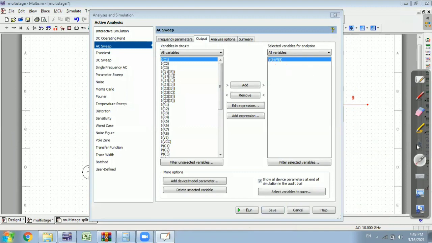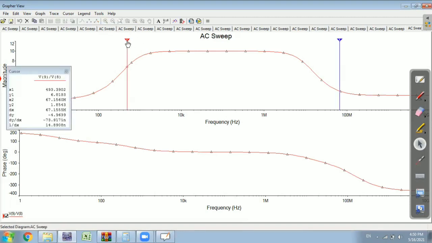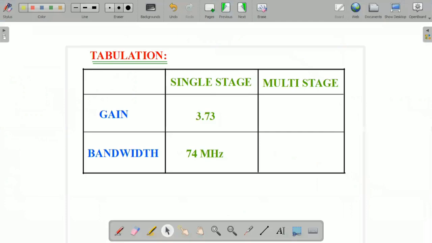So we can simulate directly, run this. Take cursors, place on the mid frequency. Now observe Y1, it is 9.98. My multi-stage gain is 9.98.